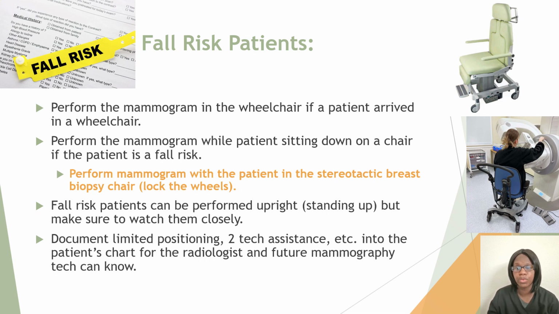For your wheelchair patients, have them sit upright. Lean them closer with a pillow or a wedge behind their back. A lot of techs have found that the stereotactic machine, or sorry, chair, which is above, gives great images when patients sit in that chair as well. If they are being done in a wheelchair, remove the armrest and the foot pedals out of your way. That helps get the patient to lean in, especially for the MLO views.